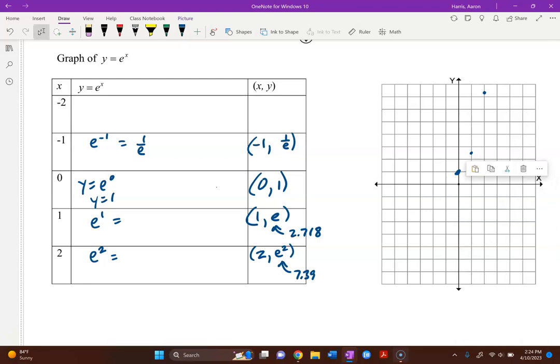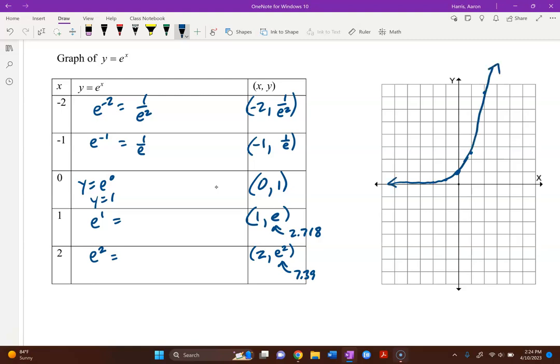I could do e to the negative 2, so I got 1 over e squared. In other words, 1 over 7.39, so it's between a 7th and an 8th there, and so on. We could do some more, but it looks pretty similar.